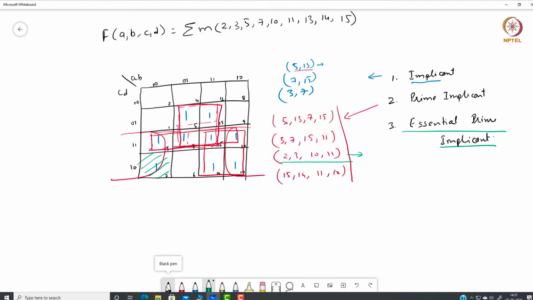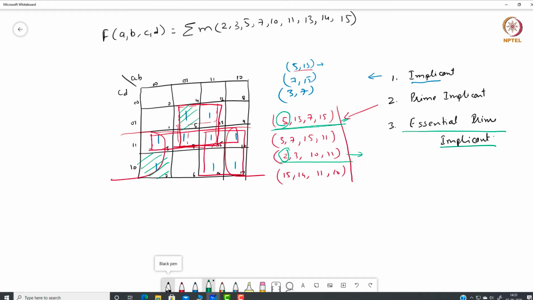Similarly, this term, that means 5, appears only in this particular prime implicant, so this is also an essential prime implicant.